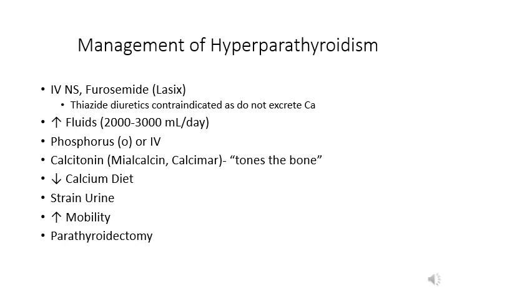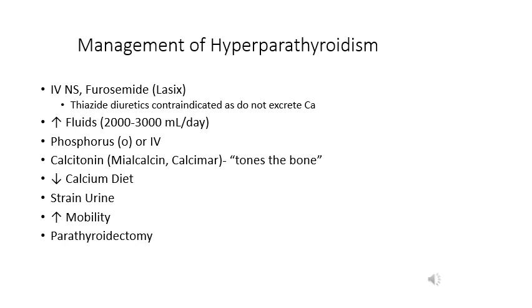A low calcium diet in this case, straining all urine because of the risk of renal stones. And then also increasing mobility. Remember that weight bearing will promote bone reabsorption of calcium. As we have weight bearing, that's going to put calcium back into the bone, and it's also going to allow the calcium that's in the bone to stay there more readily.